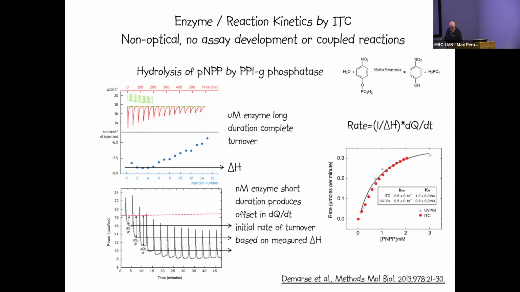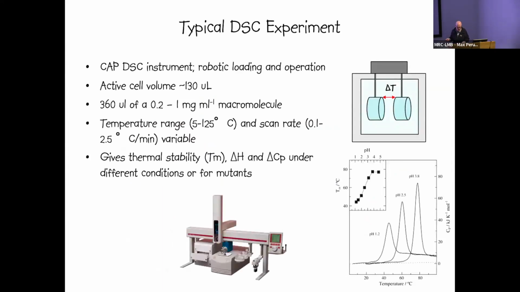So in the last 2 minutes, I just want to mention the other type of biocalorimetry, which is DSC. And in this, we have here in the LMB a DSC instrument, which uses robotic loading and operation.